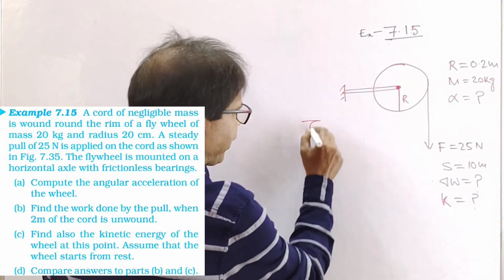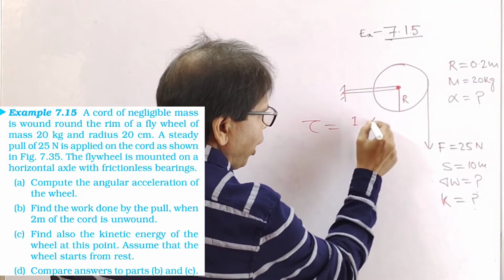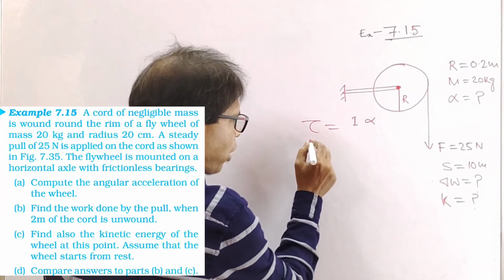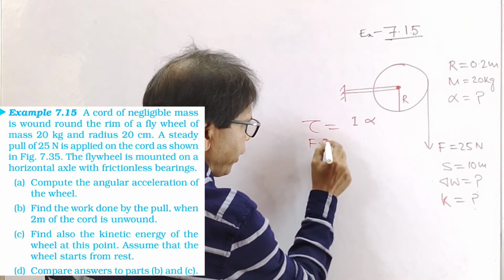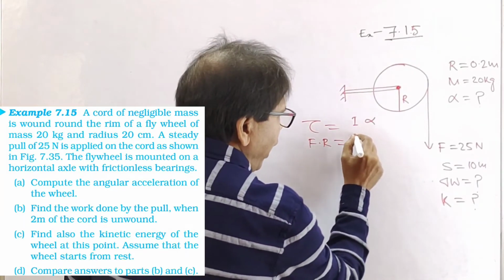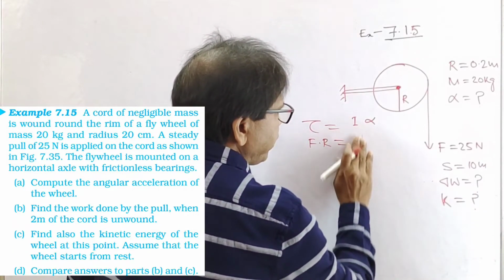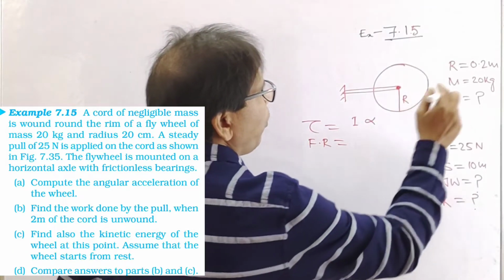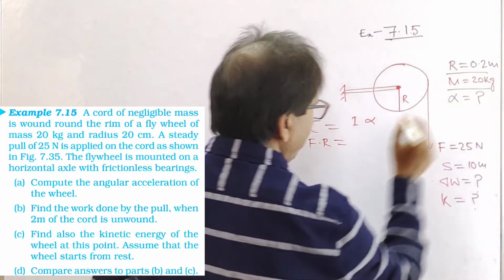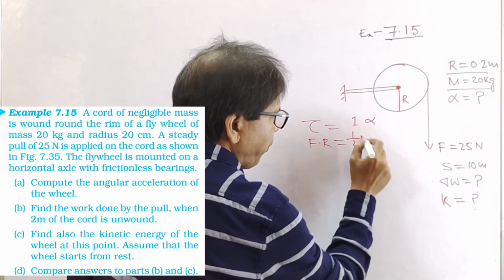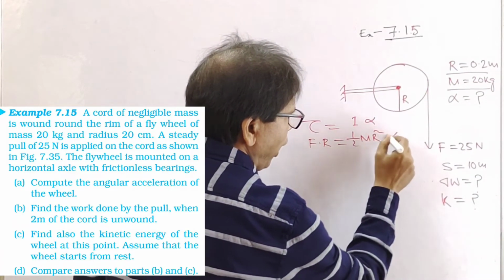Torque tau equal to I into alpha. Now torque tau equal to force into r. The moment of inertia of the flywheel is half capital M r square, into alpha.